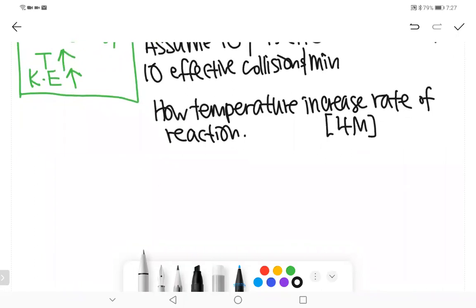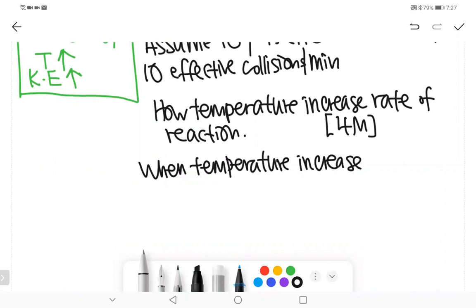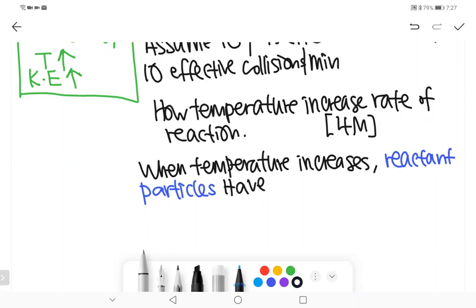When we increase the temperature, our raw materials, called reactant particles, will have higher kinetic energy. Temperature is always related to kinetic energy.